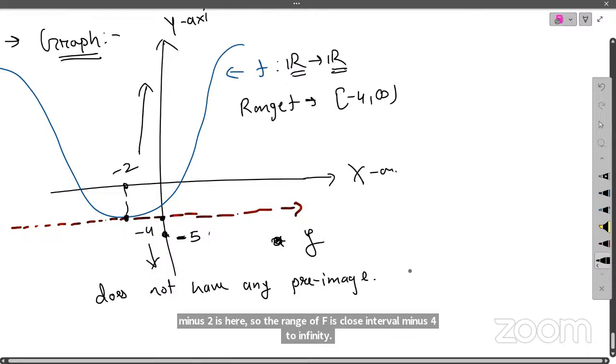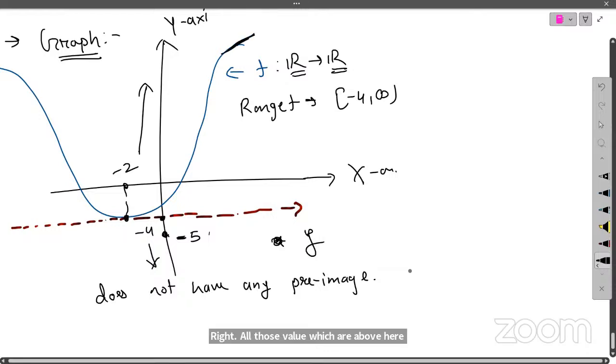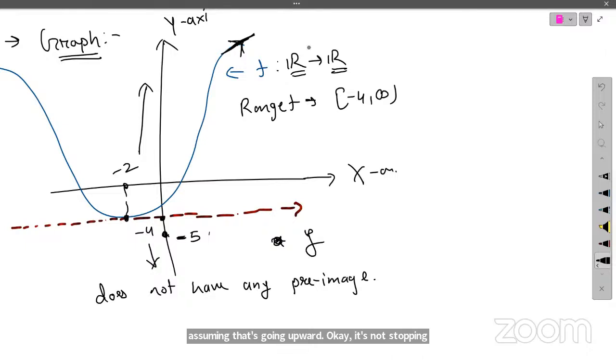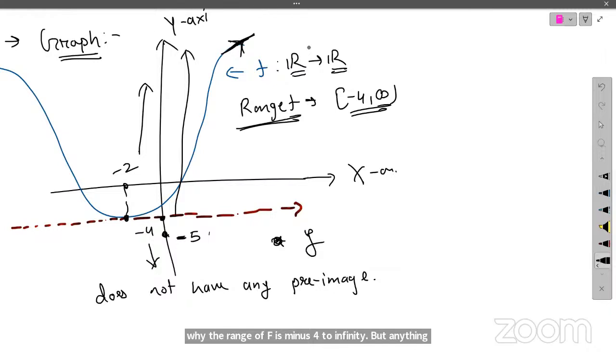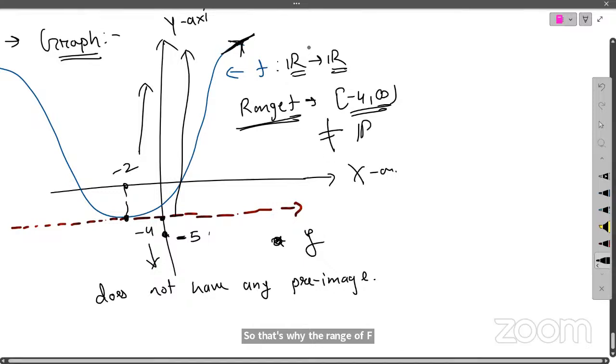All those values which are above here, and I'm assuming that it's going upward, it's not stopping here. So any value from -4 to infinity has a preimage. But anything lesser than -4 does not have any preimage. So the range of f is -4 to infinity, which is not equal to the codomain. That's why it's not an onto function.